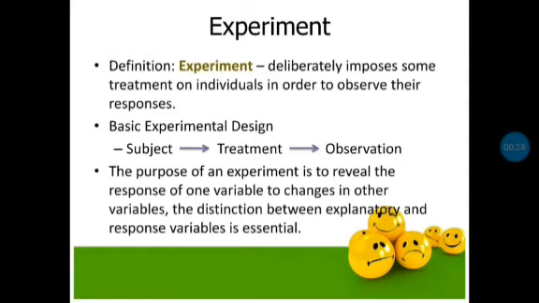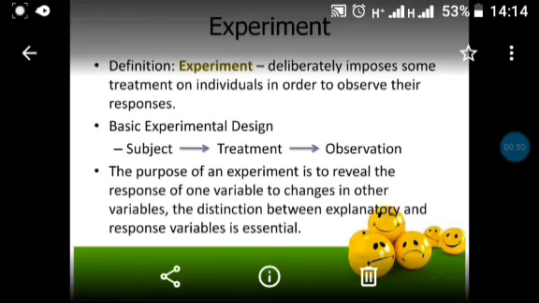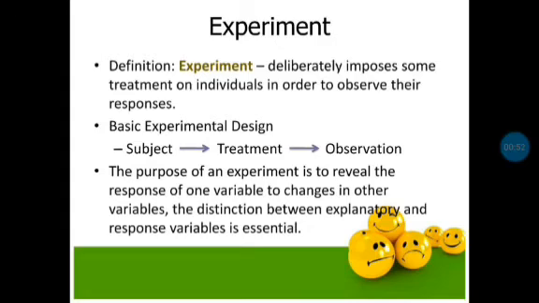So the subject, when it is treated within a control system, we observe some scientific outcome. And the purpose of an experiment is to reveal the response of one variable to changes in other variables. The distinction between explanatory and response variables is essential.